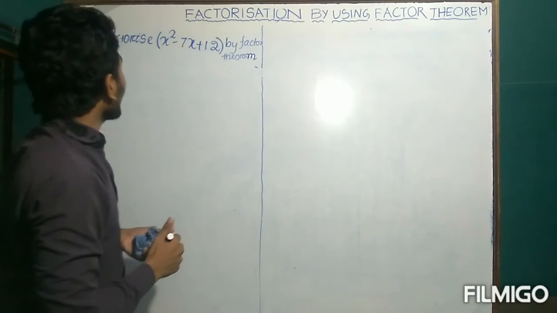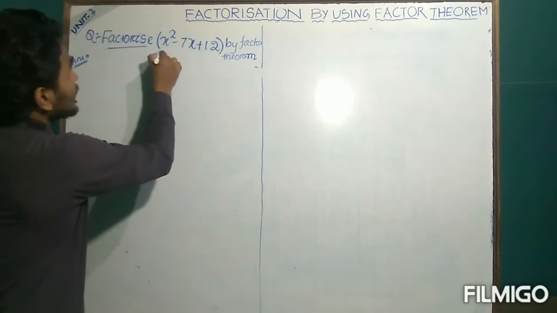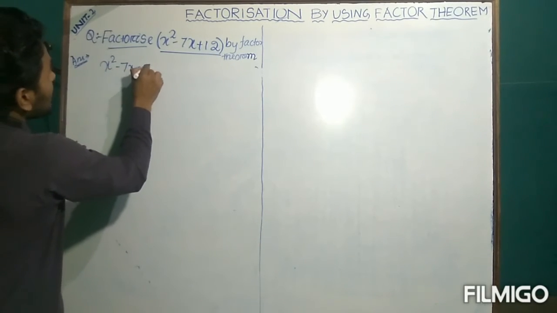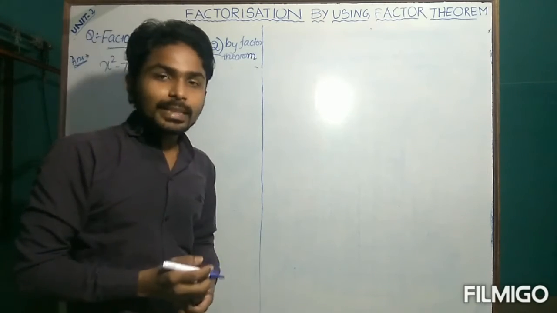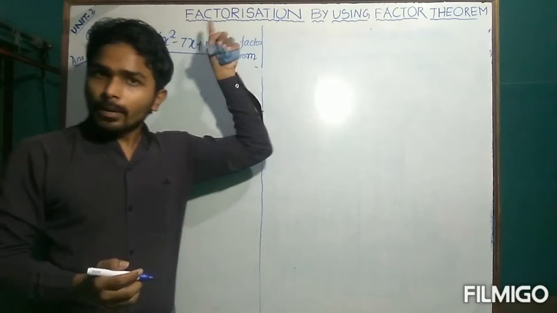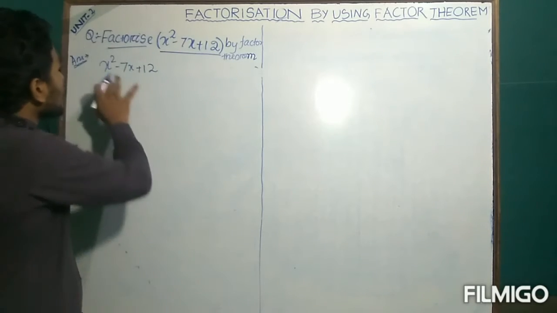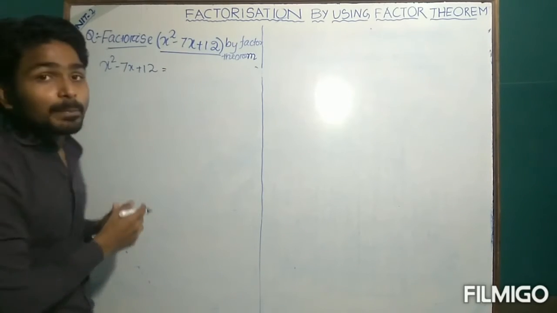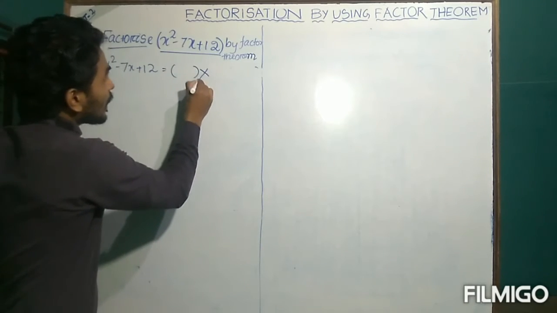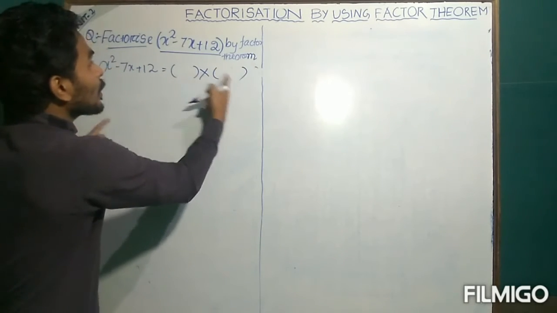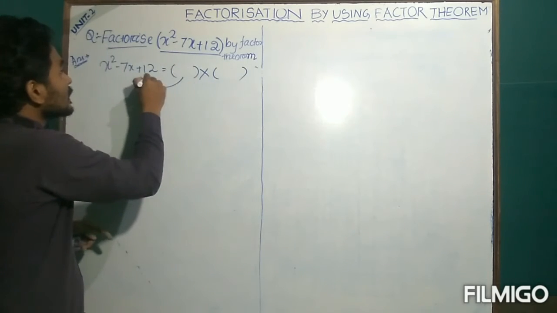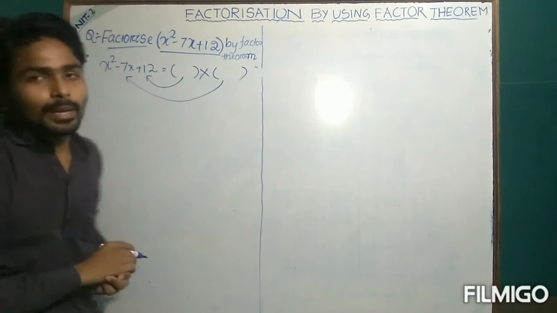In the second question we have to factorize this polynomial x square minus 7x plus 12 by using factor theorem. Since we are going to factorize this quadratic polynomial, a quadratic polynomial can be expressed as the product of two linear polynomials, and these two linear polynomials must be the factors of this quadratic polynomial.